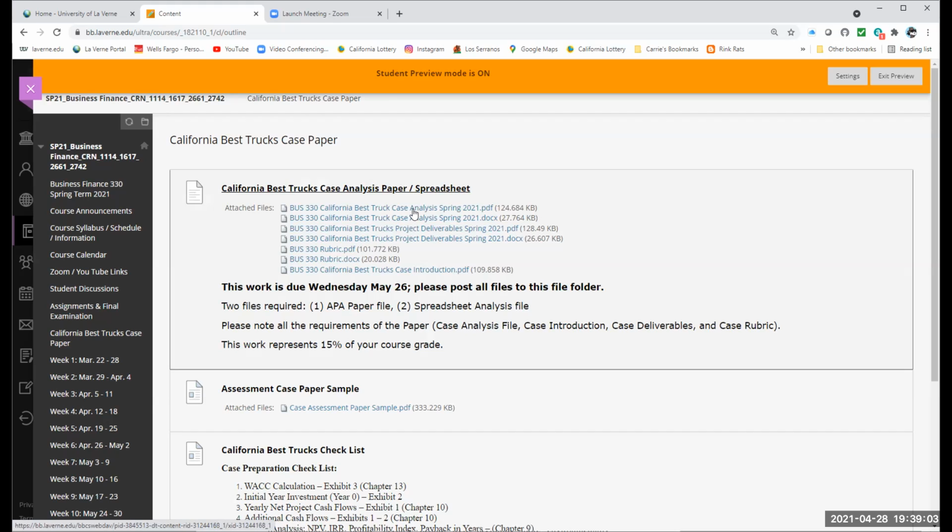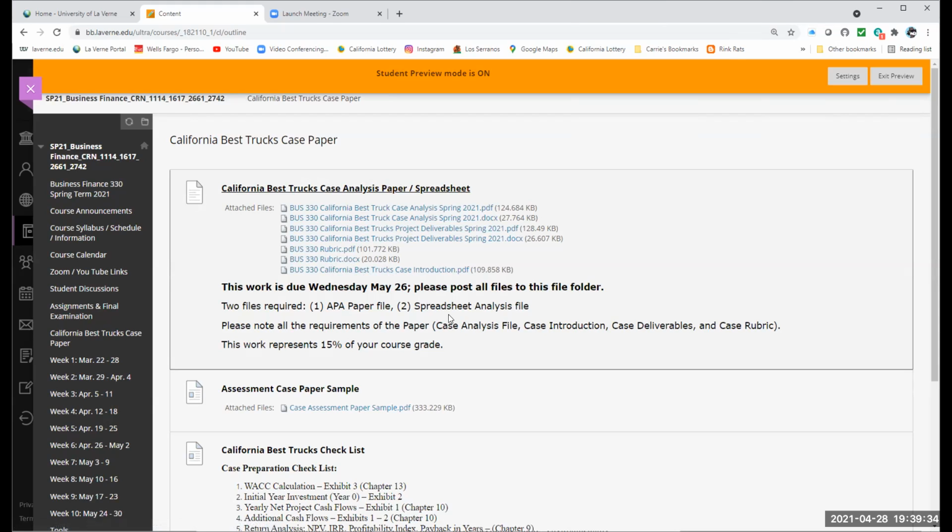The case analysis paper, the actual work needed to do, a project deliverables file which explains how you are to present this paper, a rubric file which shows you how I will grade the paper, and an introduction to the case, which is basically taking the case analysis file and putting it into simpler terms of what you have to do to complete this work.